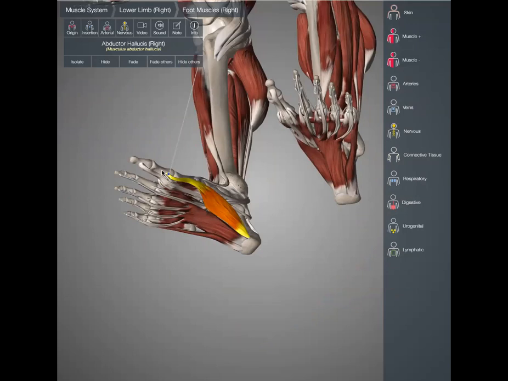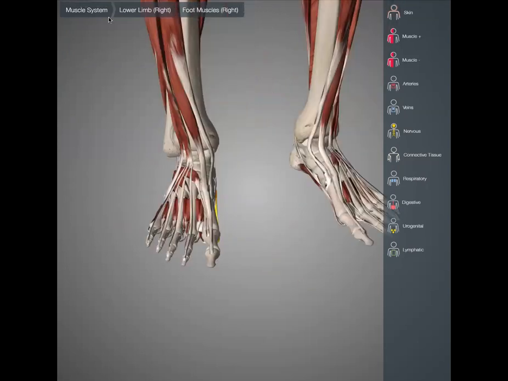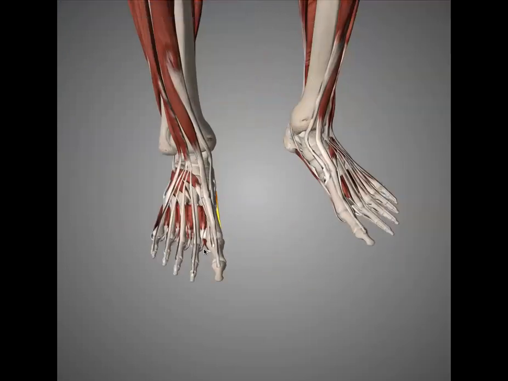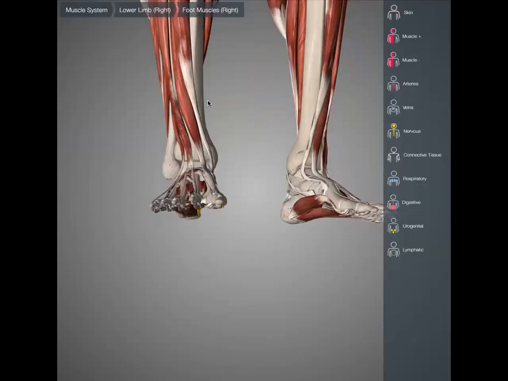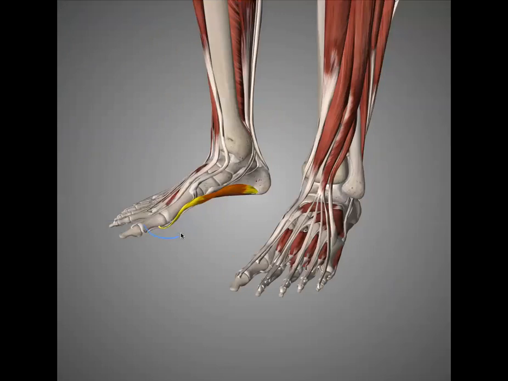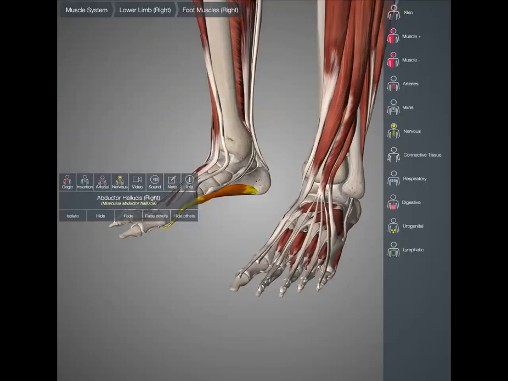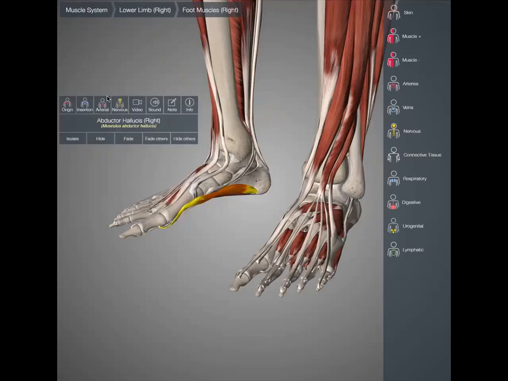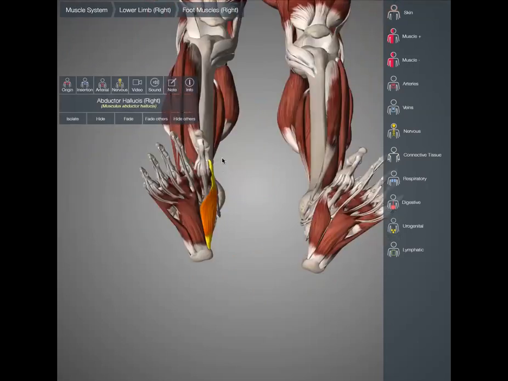And the action is abduction and flexion of the greater toe. Abduction, which is away from the midline, and flexion downwards of the greater toe, innervated by the medial plantar nerve.